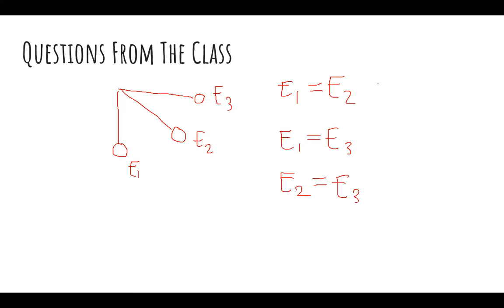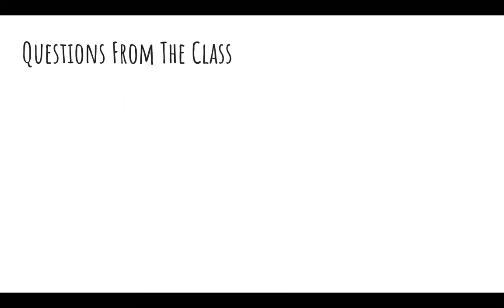Another question was asking about solving an equation with multiple unknowns. If you remember back to the spring problem, we actually had several unknowns. We had potential energy at 4 different locations, a friction force which we didn't know, and 4 different distances.